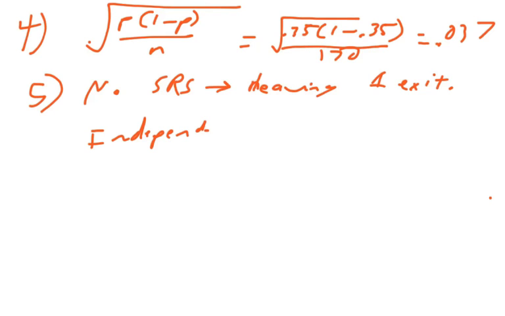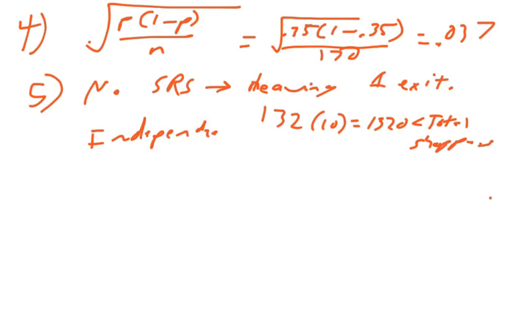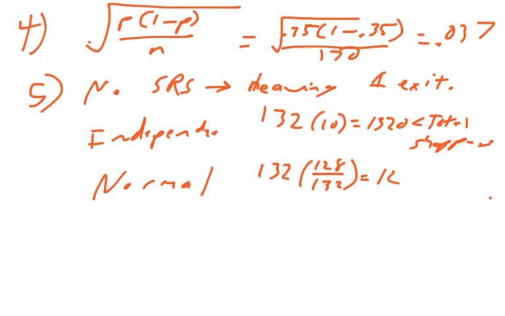Independence is probably fine because there's probably more than 132 times 10, which is 1320, shoppers at a mall in a given day. And then normality, we do 132 times 128 over 132, and we get 128.